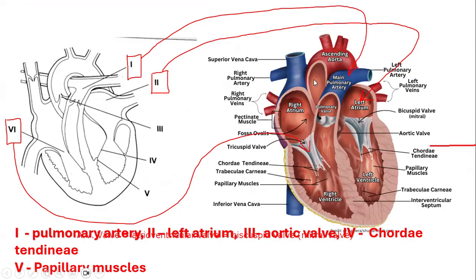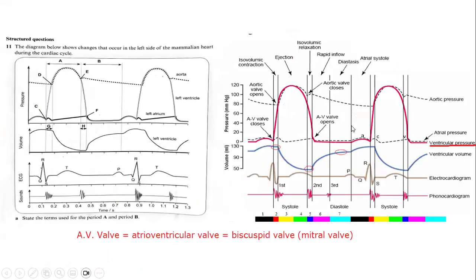Whenever the aortic pressure is higher than the ventricular pressure, the aortic valve is going to close. That's all you have to remember, the yin and yang with those things. And then once you get that, you'll be able to understand very readily what's happening with this graph.